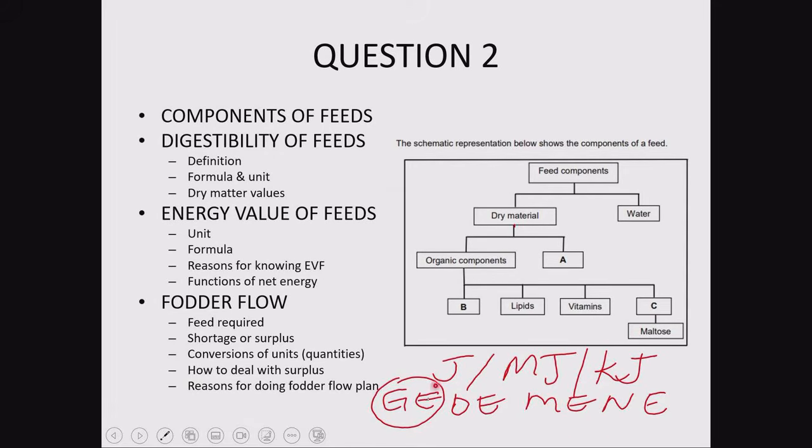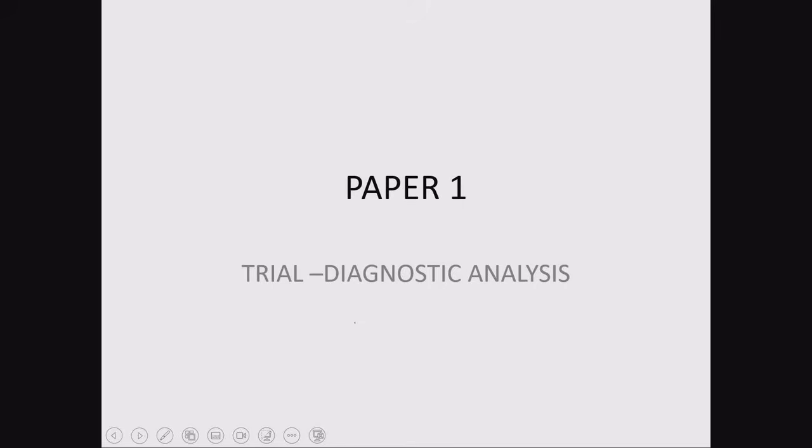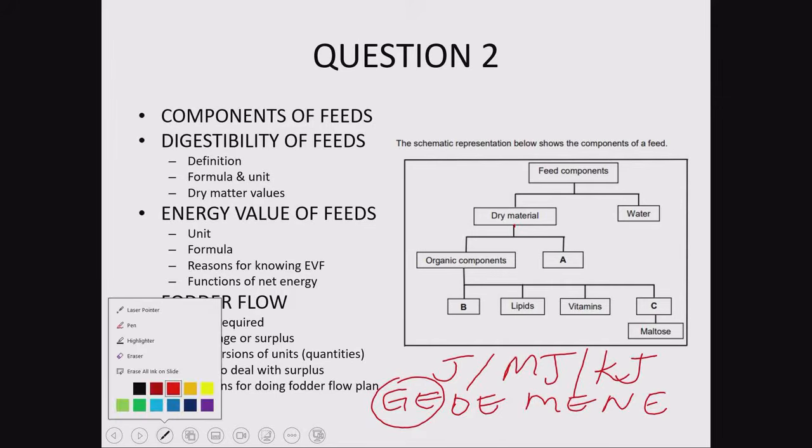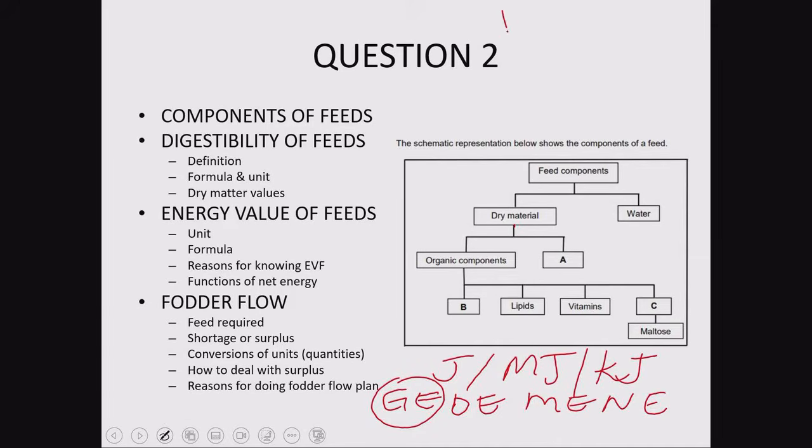You are always going to be given gross energy and other energy losses, maybe energy loss through feces, energy loss through gases and urine, and energy loss through heat. So the formula for digestible energy is DE is equal to GE minus feces.